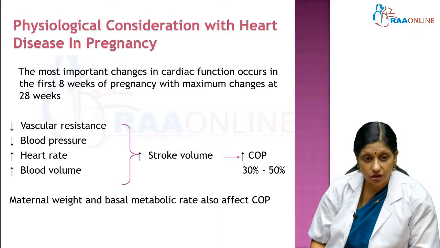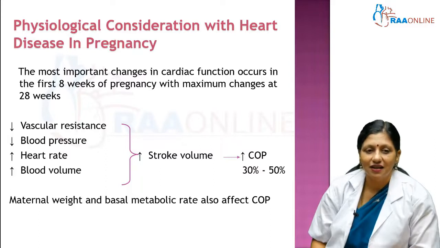The blood pressure falls because of the fall in systemic vascular resistance. There is an increase in the heart rate and in the blood volume as pregnancy advances. All these changes lead to an increase in the stroke volume, and the cardiac output increases by 30 to 50% in a pregnant individual.